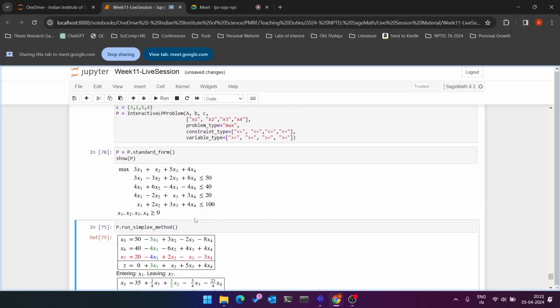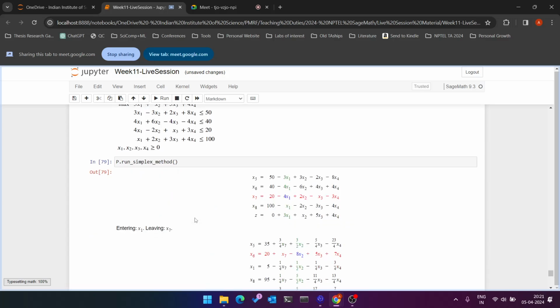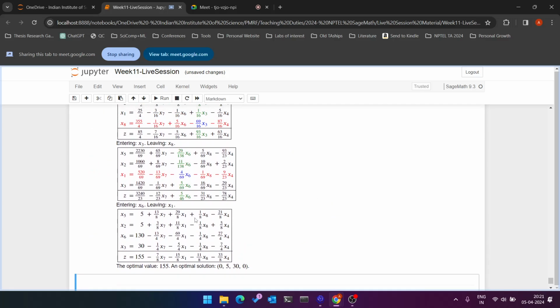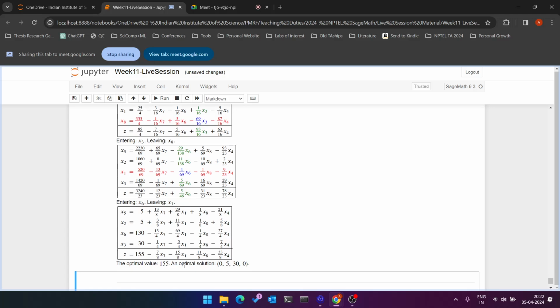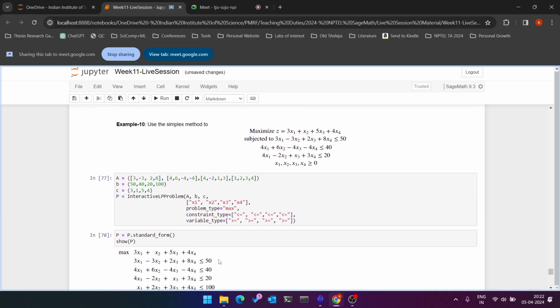If I now run the simplex method, I end up having a solution, right? So x1, x6, x8, and x4 are all non-negative. So for z to be maximum, these all need to be set to 0. Once we do that, we see that x2, x3 become 5 and 30 respectively. This is how an optimal solution can be obtained.